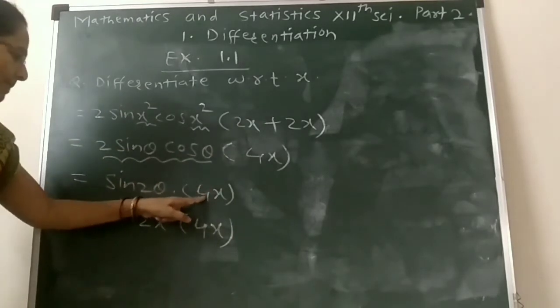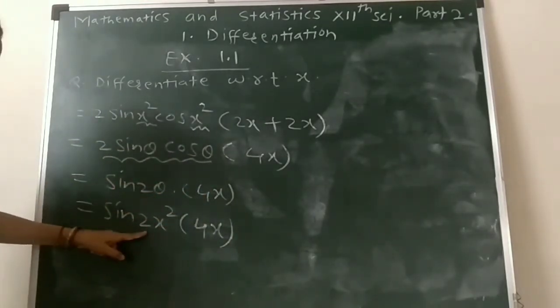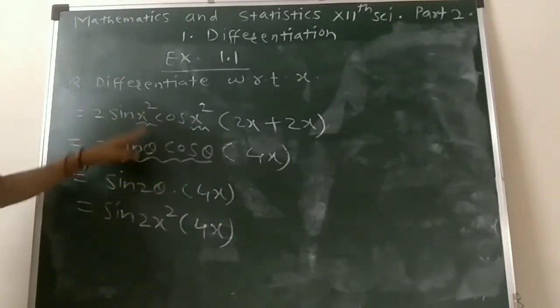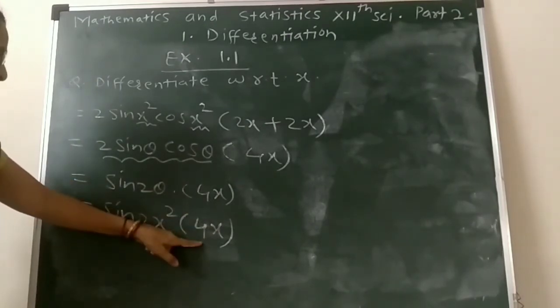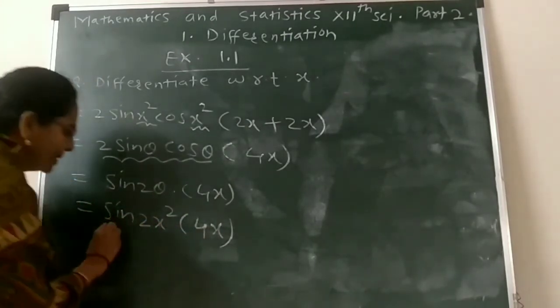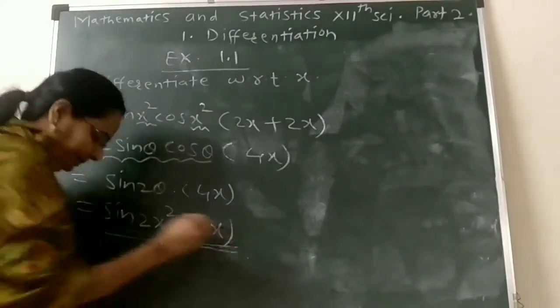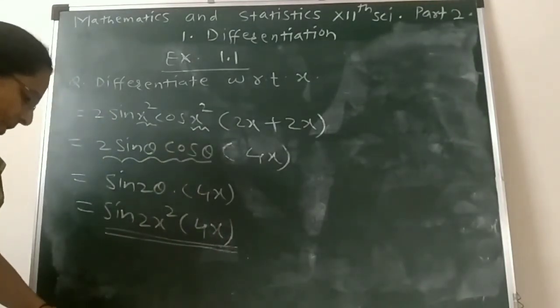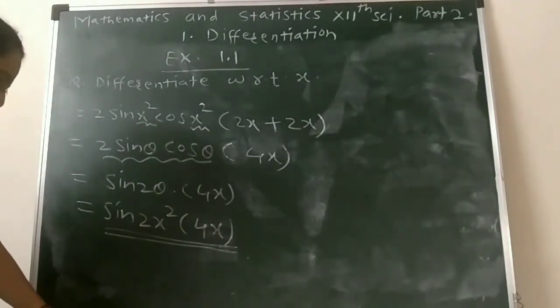This is 4x. Sin 2 theta is x square, 4x. And this is the final answer: sin 2x square, 4x.